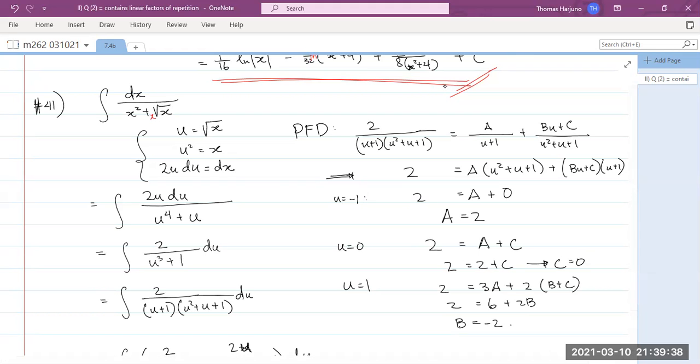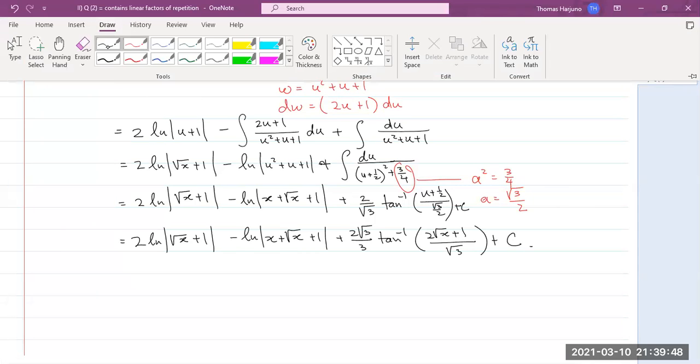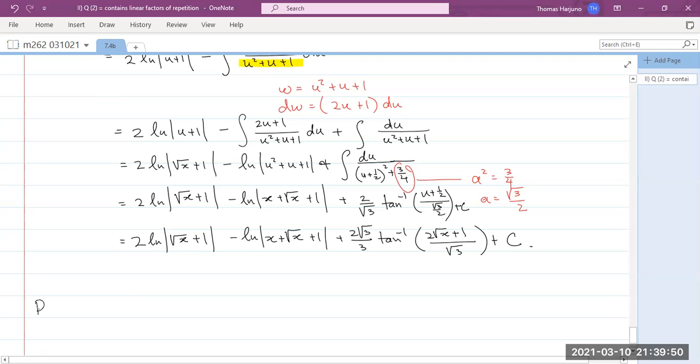Yeah, we made a new question. Okay, so I'll call this 41 star. Okay, let's do the real 41. Write the question properly, Thomas. dx over x squared plus x square root of x.